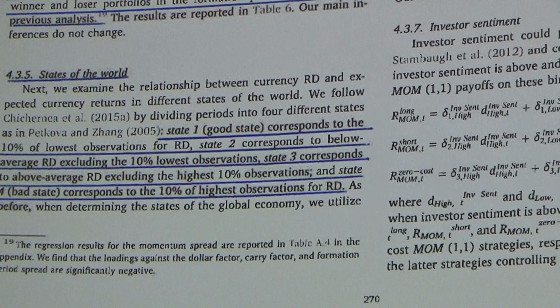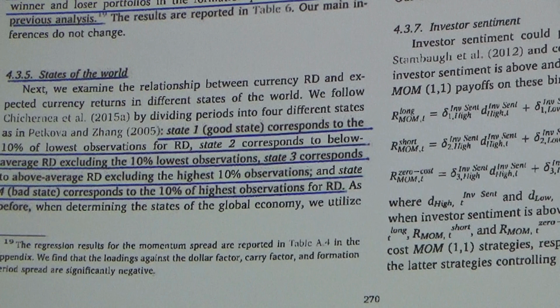We have not talked so much about the second measure here, but it's robust. Even if we change the measure and orthogonalize our measure for cross-sectional currency return dispersion, we see the same pattern. The payoff of currency momentum is low when cross-sectional currency return dispersion is low, and it's high when cross-sectional currency return dispersion is high.